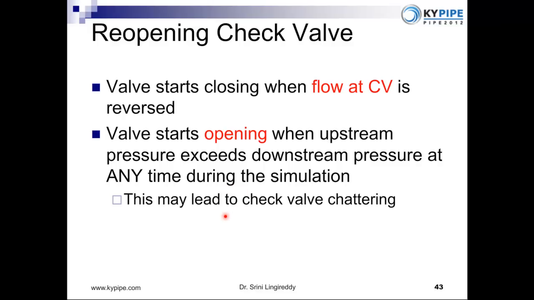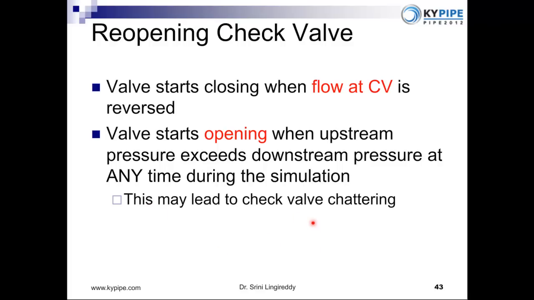Okay? And towards the end of closure, because of tremendous wave action generated at the time of closure, the pressures could be oscillating back and forth on the upstream and downstream side, and at some instant the pressure on the upstream side might be greater than the pressure on the downstream side.